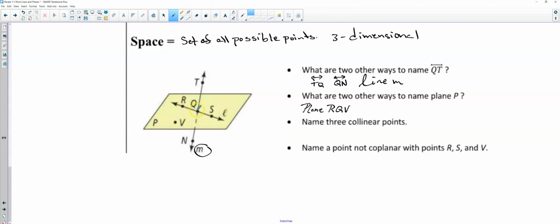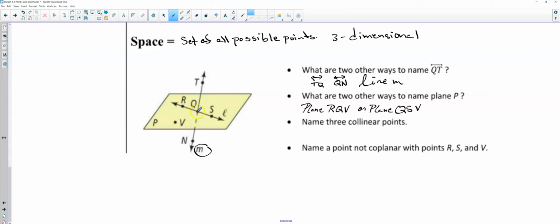I could also name it plane QSV. And notice it doesn't matter the order. You could name it VSQ or VSR or however, any 3 points that are not on the same line name that plane. Then it says name 3 collinear points. We already have the 3 collinear points.